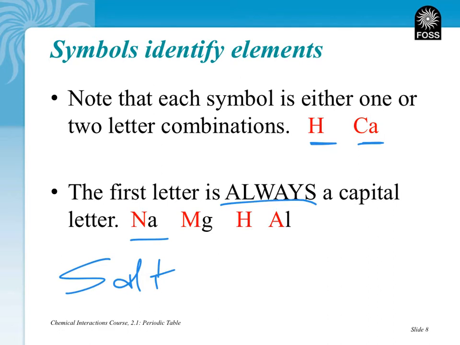And in this case, it looks like a 1, but it's actually an L. So you have to be careful with the L's sometimes. Sometimes L's look like 1s, or you think they might be I's, or they might be L's, so you have to look at what you're looking for. Al is what they put around your soda pop in a can. It is aluminum. So always look for that. When you see a capital letter, that is its own new element.